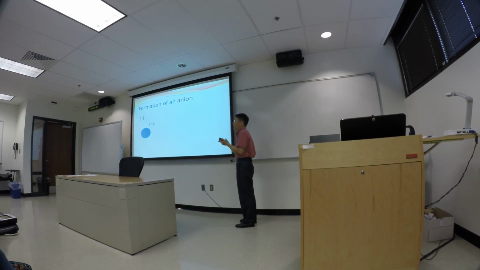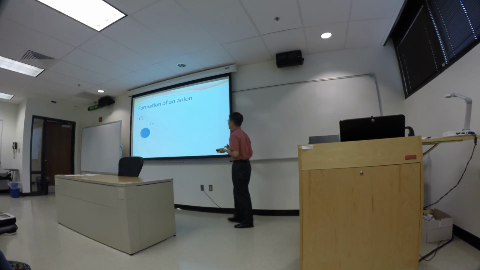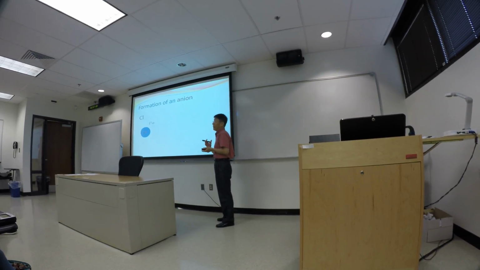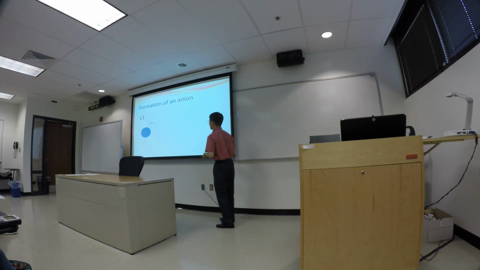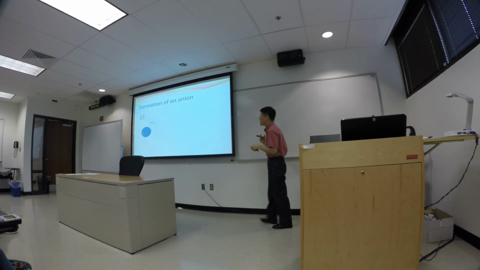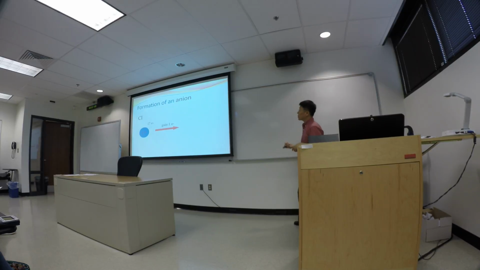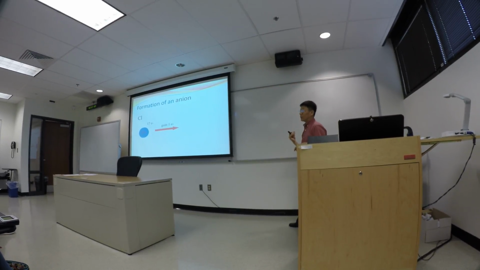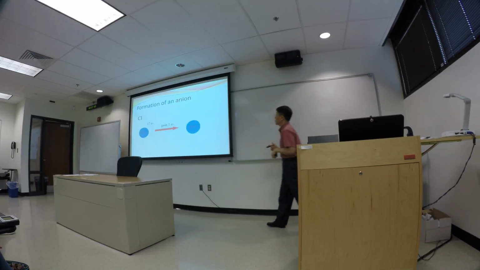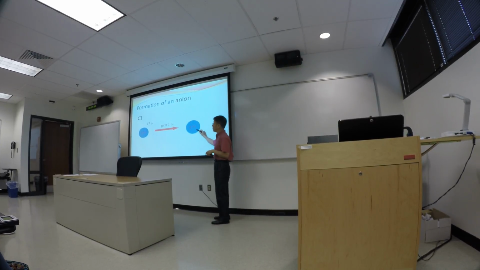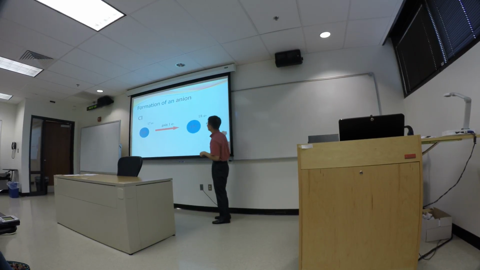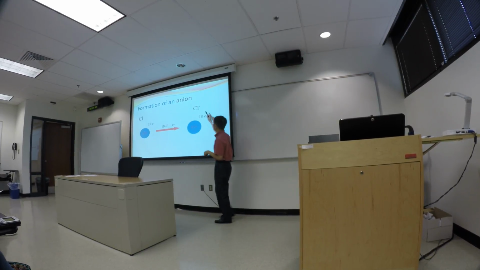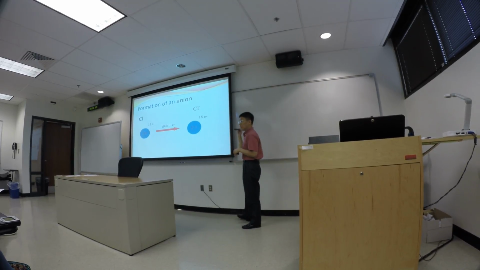So when a chemical reaction happens, a non-metal tends to take in electrons. In this case, you start with 17 protons and 17 electrons, and in the course of the chemical reaction, chlorine would gain 1 electron. As a result, you would have 17 positive charges, but now you have 18 negative charges. This is the formation of the anion. We put a negative sign on the upper right corner of the atomic symbol.